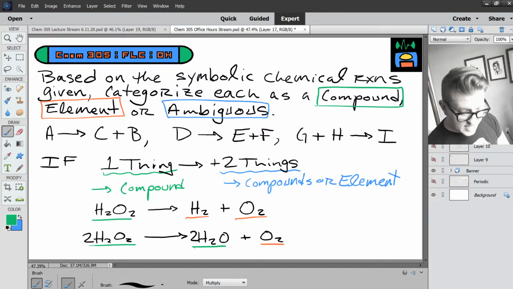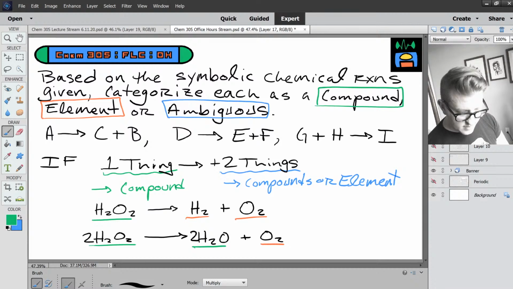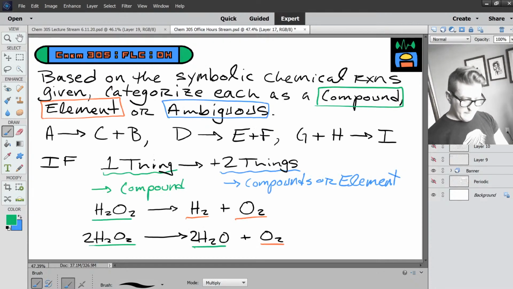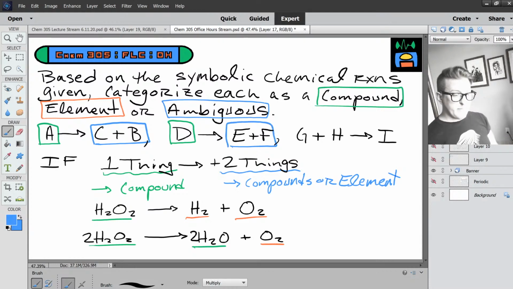So when you take this logic back and you look at these three reactions, it tells you, first off, that A is a compound, D is a compound, but C plus B and E plus F are ambiguous.